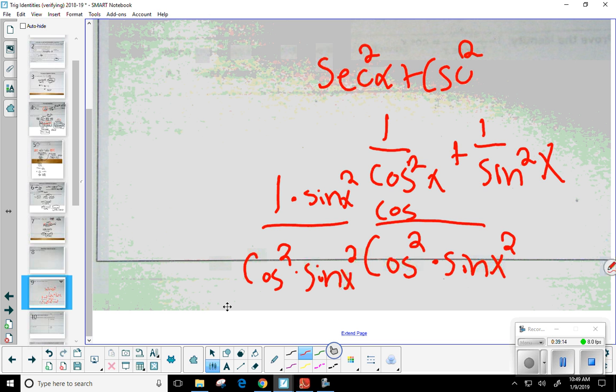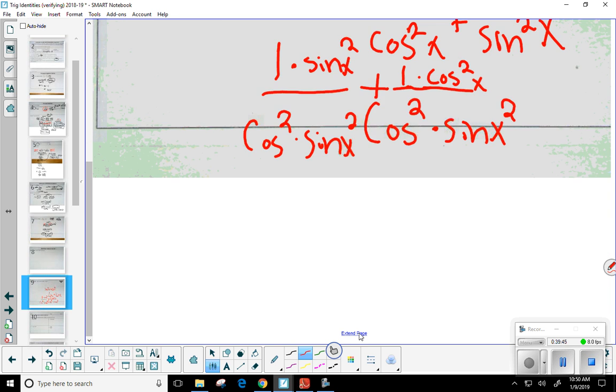And then this one we're multiplying by cosine squared.